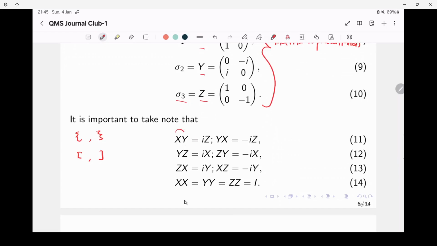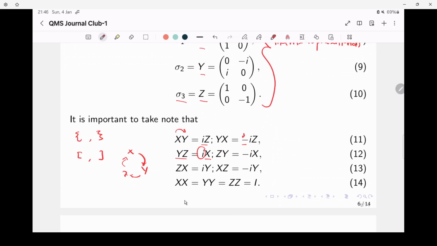When X multiplies with Y, you get iZ. When you reverse the order, you get a minus sign. So you see that your X, Y, and Z operate like a cycle. As long as you multiply according to the cycle X, Y, Z, you get the next one multiplied with the imaginary number i. Z times X, you get Y. And if you reverse the order of this cycle, then you get a minus sign.